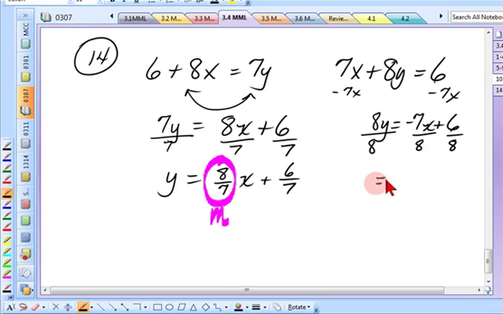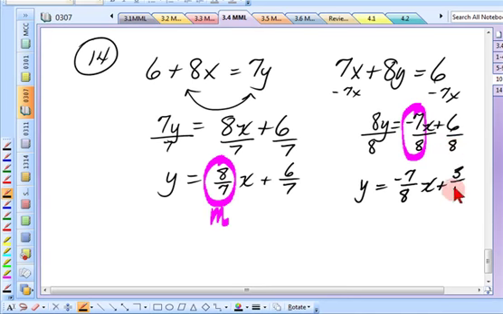And I get y is equal to negative 7/8 x plus, I can reduce this. 2 goes into 6 3 times. 2 goes into 8 4 times. Here's M1. Here's M2.